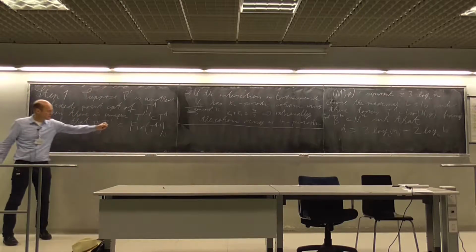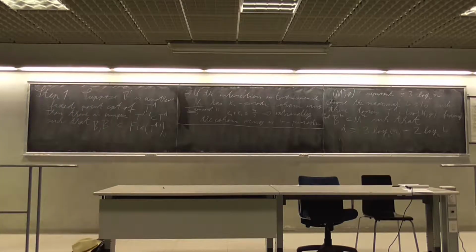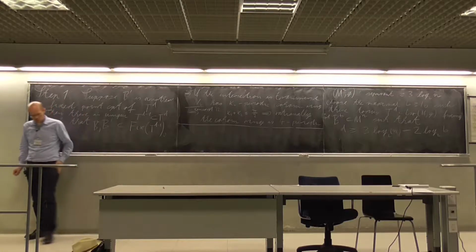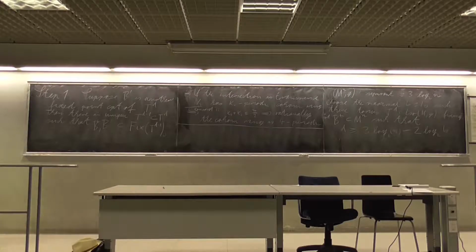So both B and B prime are contained in the same connected component of this torus. So we can find a codimension 1 torus so that they are both contained in it.